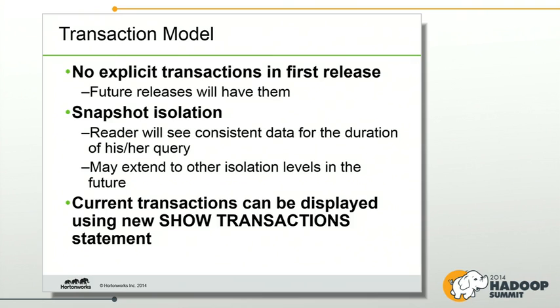The isolation level in this transaction model for now is snapshot only, so that means when a reader starts a query, he will get a transaction ID, a list of what are the valid transactions at this time. Actually, it's the other way around. He gets a high water mark and then a list of transactions under that he should ignore that are either open or aborted.